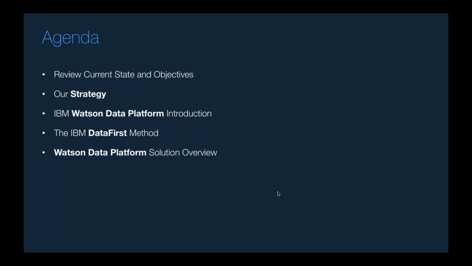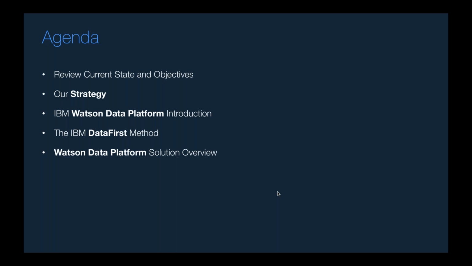So we're going to walk through what we did with that client, and then we're going to talk about IBM's strategy within this space, what we can do to help our clients with things like Internet of Things, big data, just cloud in general. And that leads us into the Watts Native platform. We're going to talk about that at a high level.